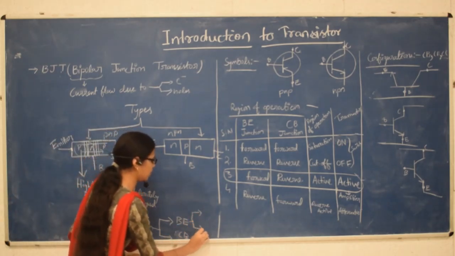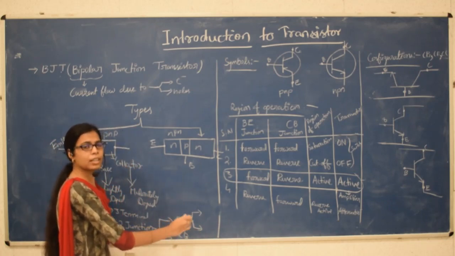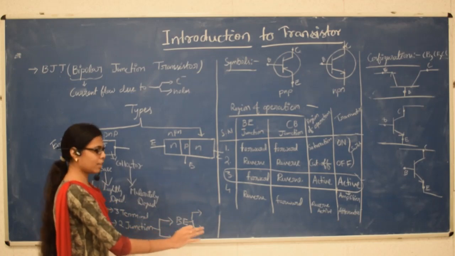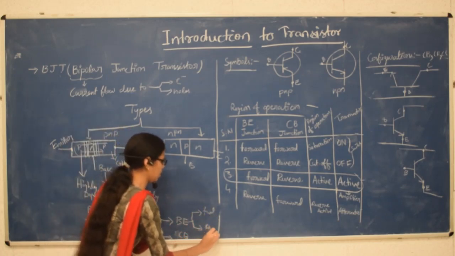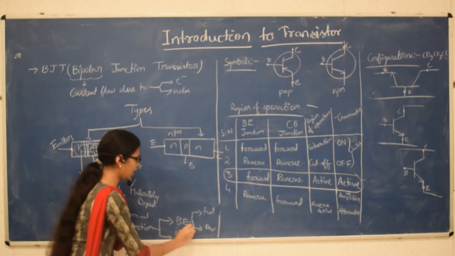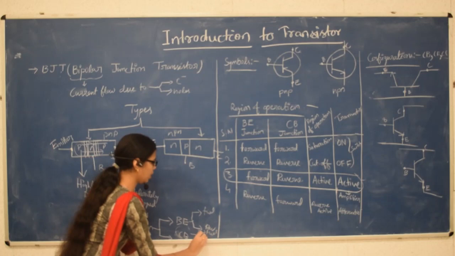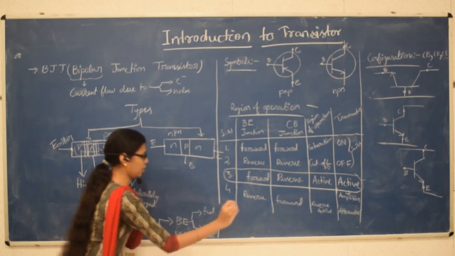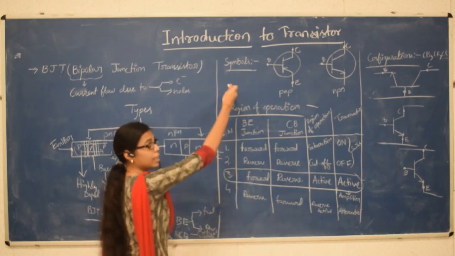See, here again these junctions can be operated in forward bias and reverse bias. Forward and reverse. In the same way, the collector base junction can also be operated in forward and reverse. Right? Okay. Before going to see this, we will see the symbols.